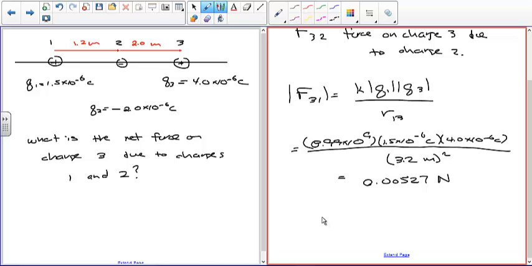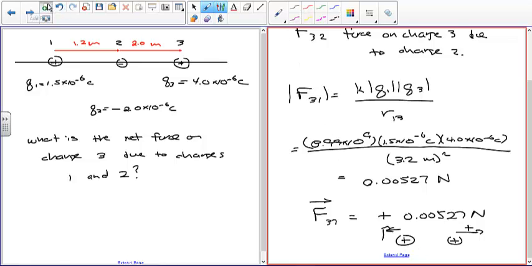If we want to just use the sign to show the vector nature, we could say the vector force 3,1 is going to be positive 0.00527 newtons. And this comes from the fact we have two positive charges with repulsive forces, so that's how you get the positive part.